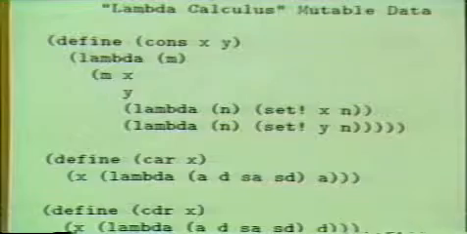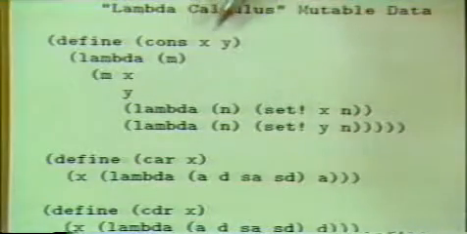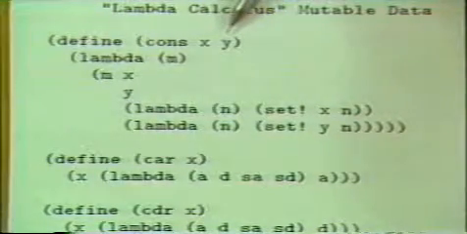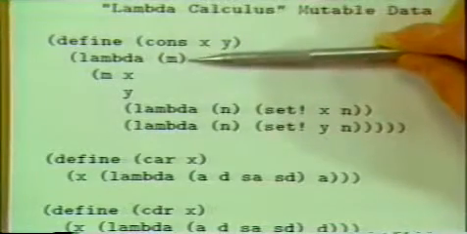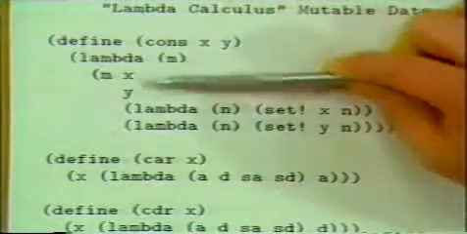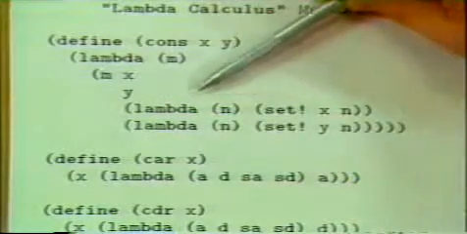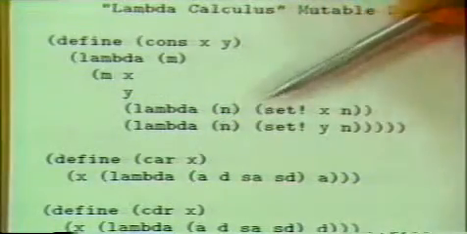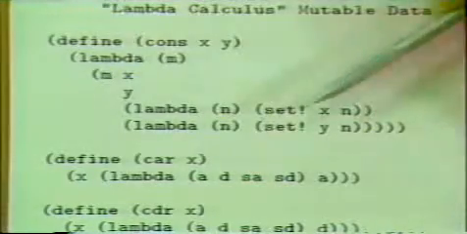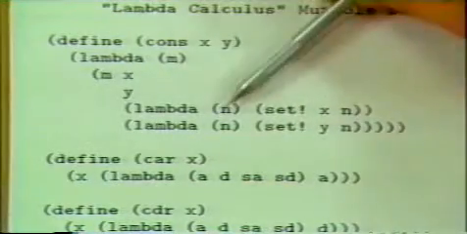What do we have here? The cons of two arguments, x and y, is going to be that procedure of one argument m, which applies m to x and y as before, but also to two permissions: the permission to set x to n, and the permission to set y to n, given that I have an n.